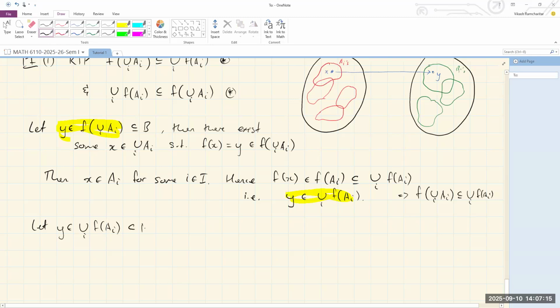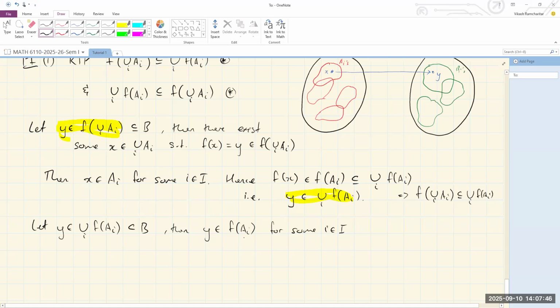Okay, and of course this is in B. So since y belongs to a union, then y must belong to one of them, f of Ai for some i. Okay, and I'm essentially writing the proof I have above, but backwards, because these statements were going back and forth. So then y belongs to f of Ai for some i.